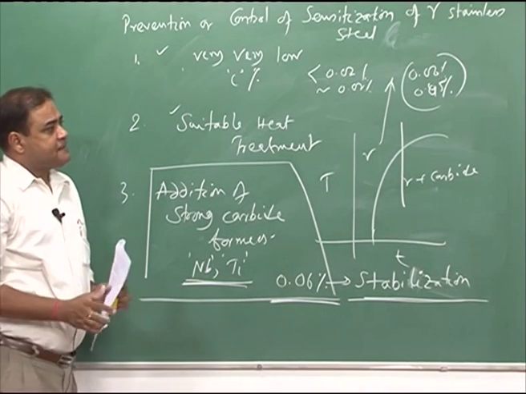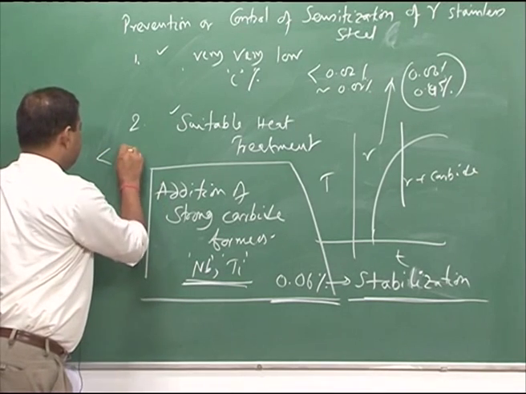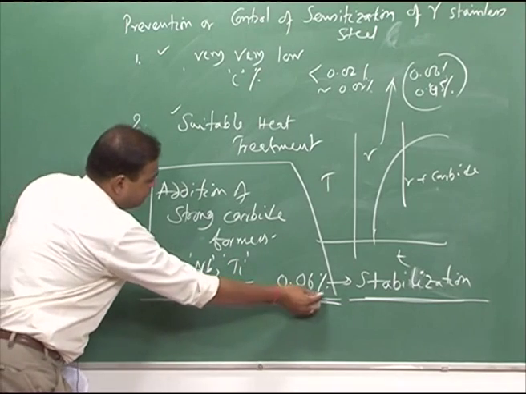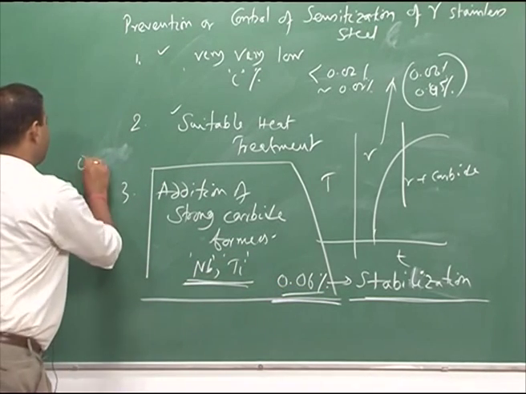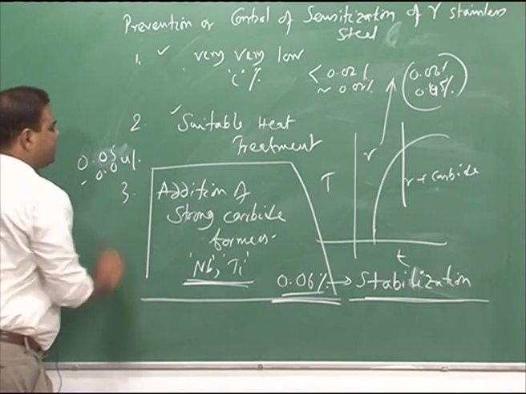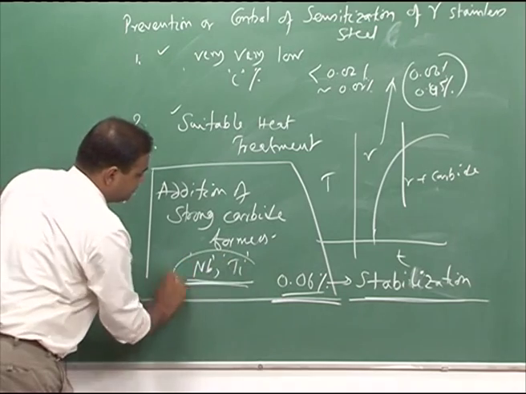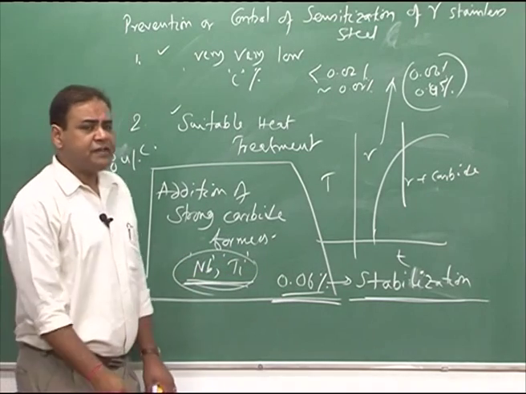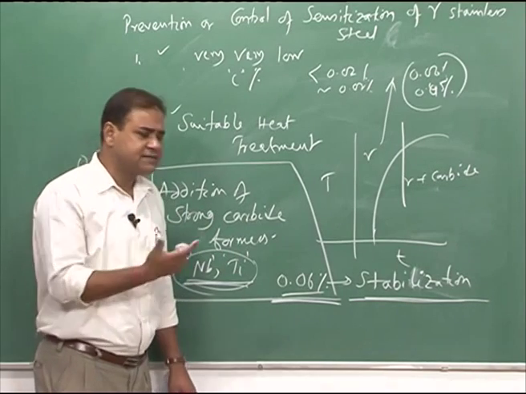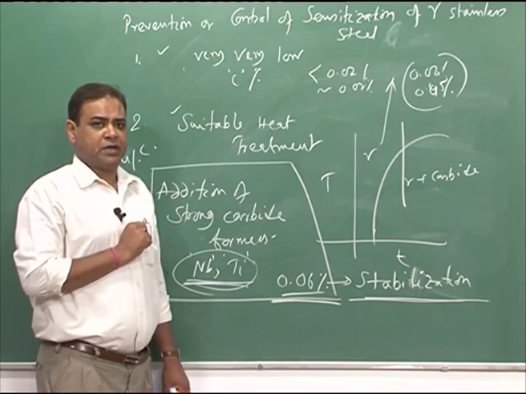Now, the point is, even if the material has moderately low carbon, let us say 0.05 or 0.04% carbon, and we also have niobium and titanium present, so the stainless steel is stabilized, still we can come across the sensitization phenomenon.